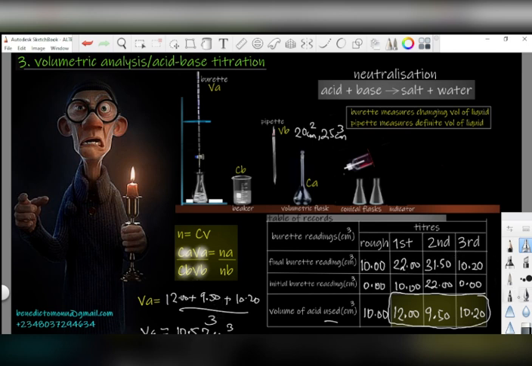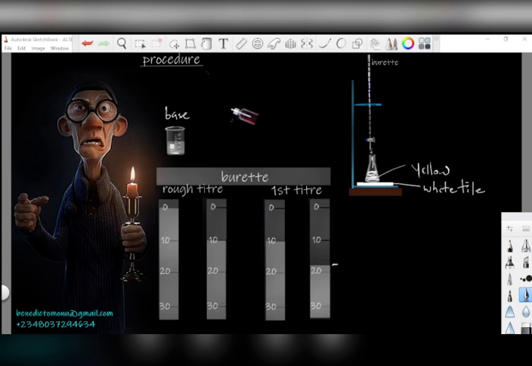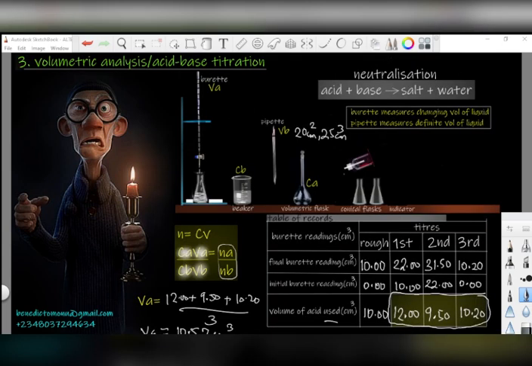But the problem now is, how do we find this ratio Na over Nb? To find Na over Nb is just to look at the mole ratio in the equation between the acid and the base. What do I mean by the mole ratio? Let's take, for example, hydrochloric acid as the acid used.